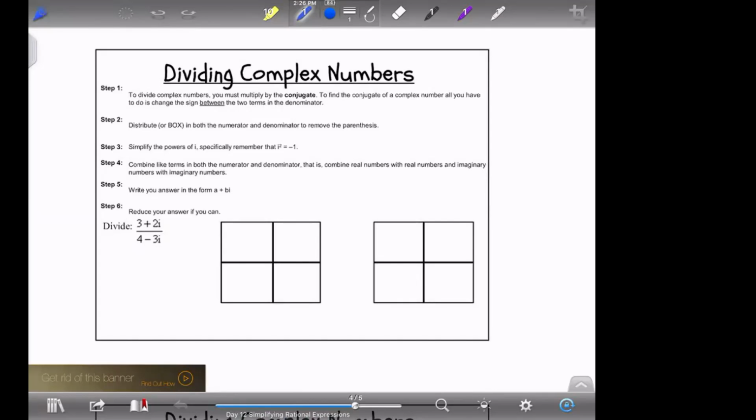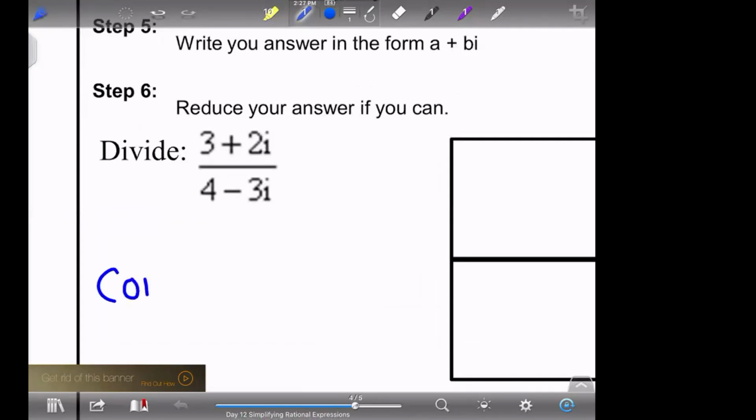To divide a complex number, we have to multiply by the conjugate. The conjugate of a complex number, all you have to do is look at the sign at the bottom in the denominator and change the sign in the middle. So when we look at the problem down here, the conjugate means I'm going to look at the bottom here and I'm going to rewrite it and change the sign in the middle.